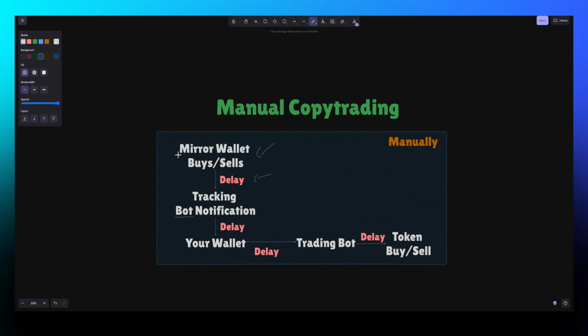Whenever this wallet buys or sells, your wallet is going to get a notification, which means that you're going to rush to your trading bot to either buy or sell a token. In between each step, there is a delay. And remember, when it comes to copy trading, speed is everything. The faster you get in, the better price you will get and the bigger your profit will be. Therefore, you must use OdinBot if you are serious into copy trading.